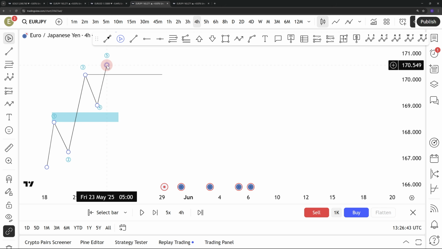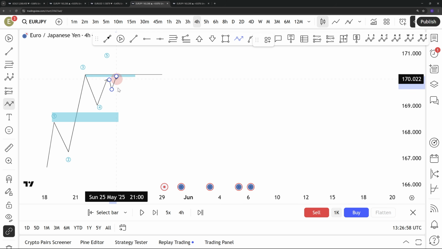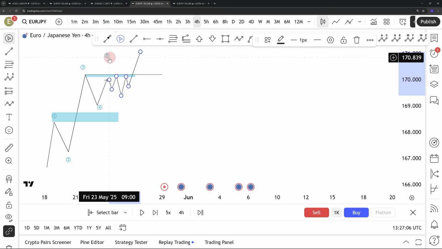So they will see that price is around this area. They will do something like this without even looking at it properly, and then they will see an internal break of market structure, and then they will sell here. But then the market will move lower just to complete this 5 here.